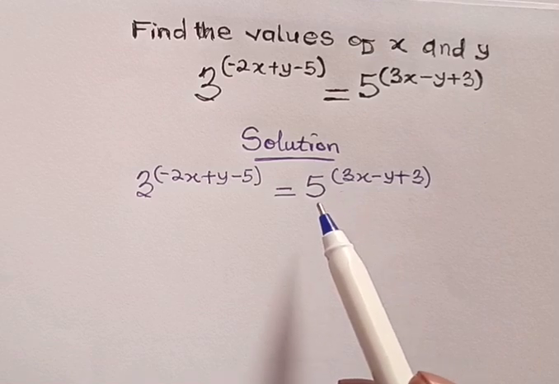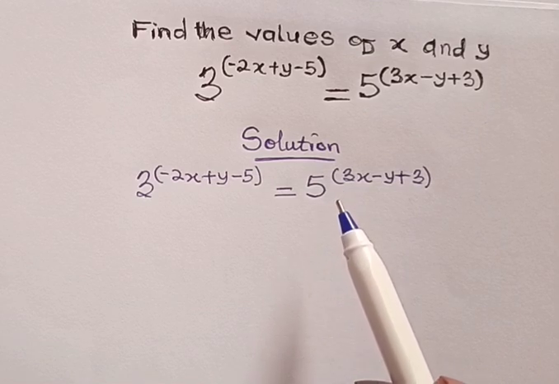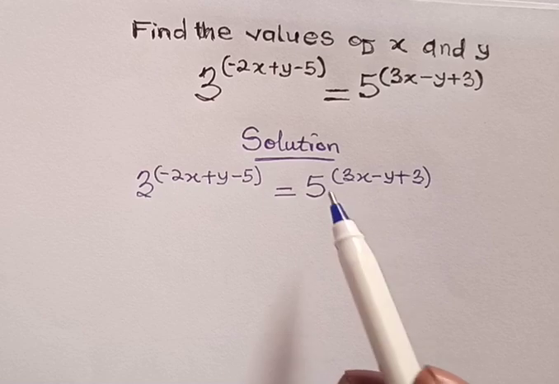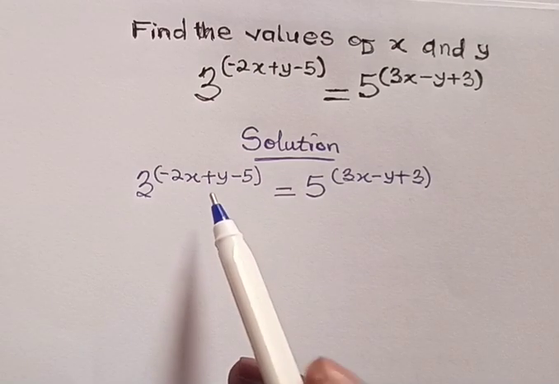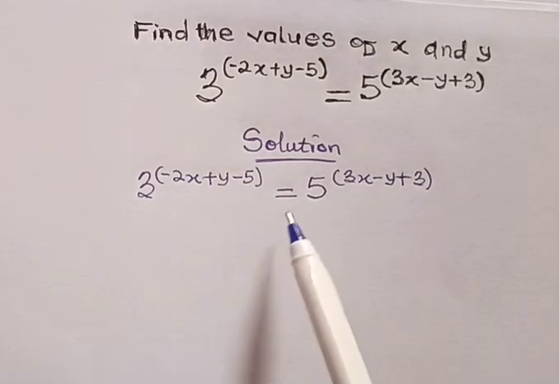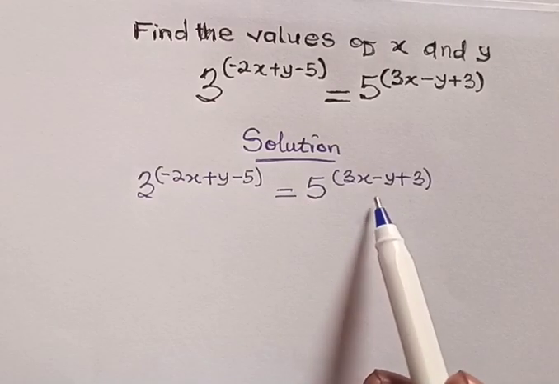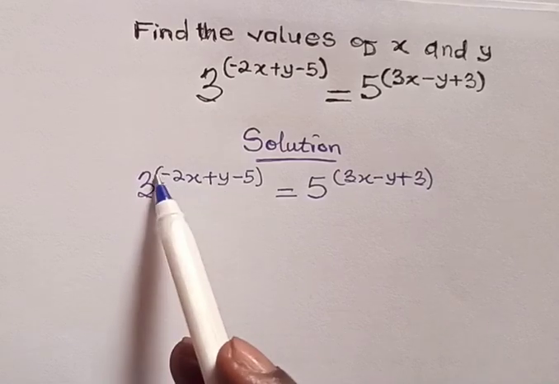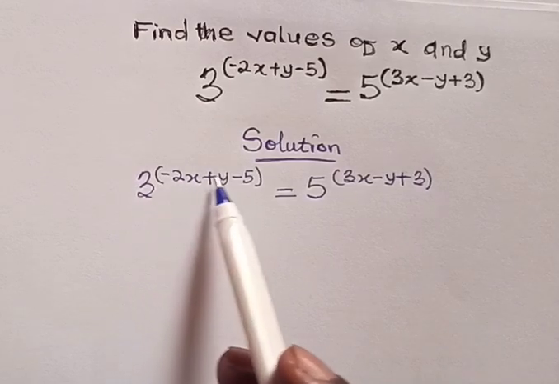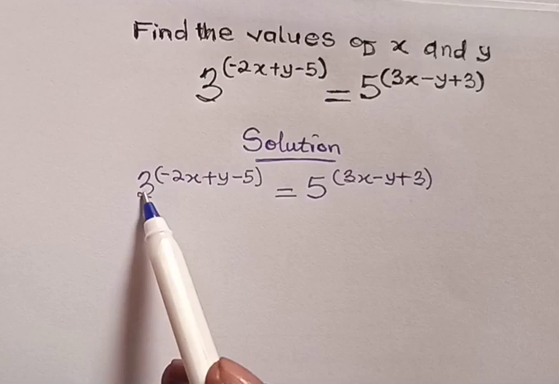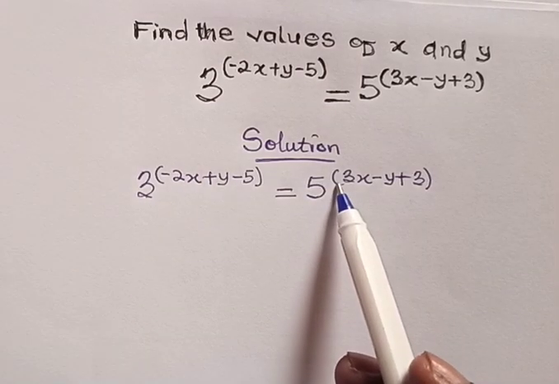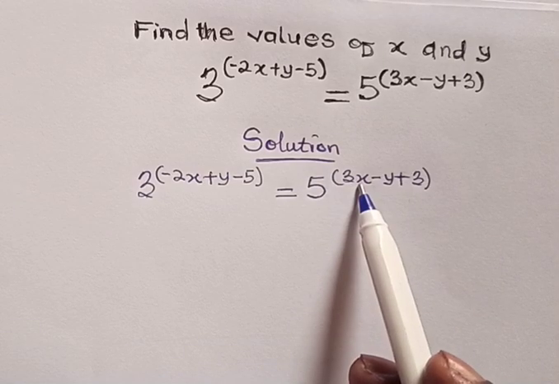When you look at such questions, it becomes a little bit challenging, but it's very simple. The only way this side can be the same as this side is if the exponent of 3 is 0, and at the same time the exponent of 5 is 0.